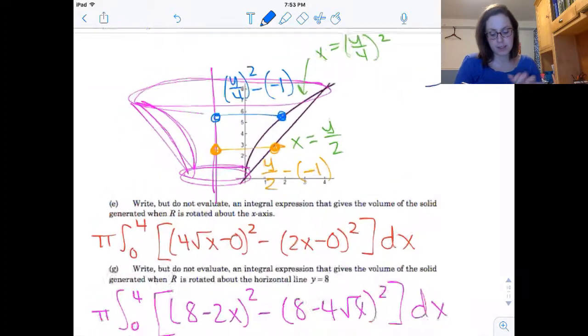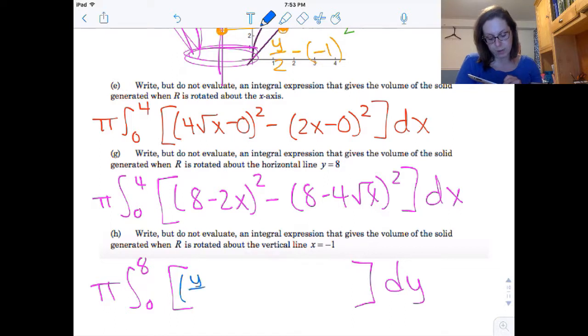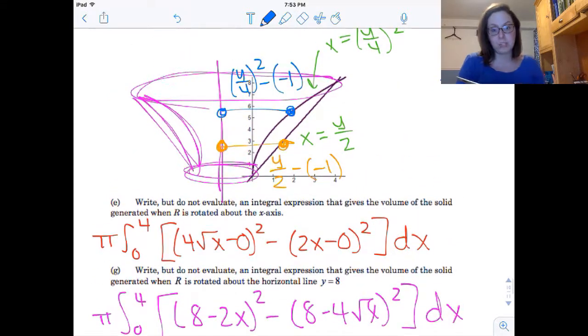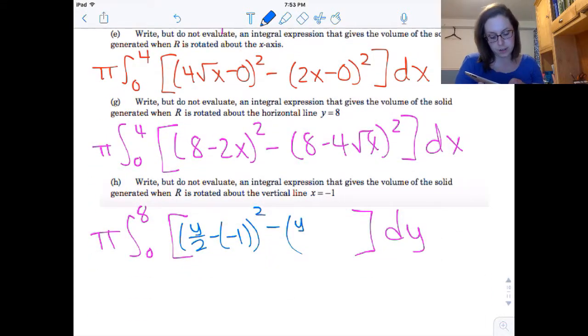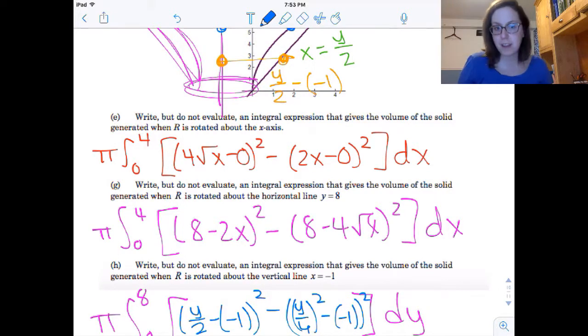And let's just sub those in. So outer radius squared, which is y over 2 minus negative 1 squared, minus inner radius squared, which is y over 4 squared minus negative 1 squared. So again, treat everything as a washer if discs are throwing you off, because your inner radius will just be 0.